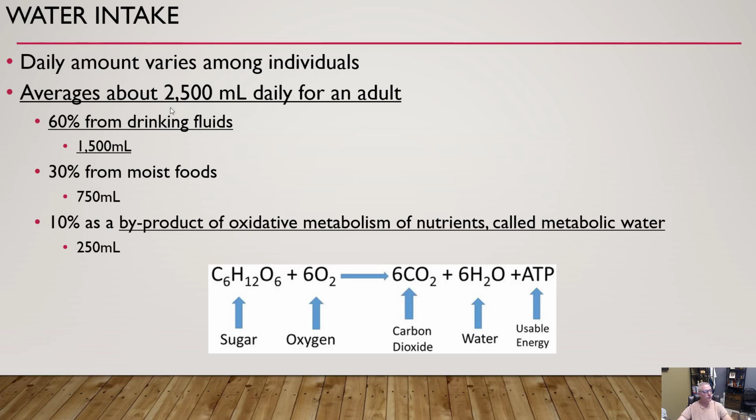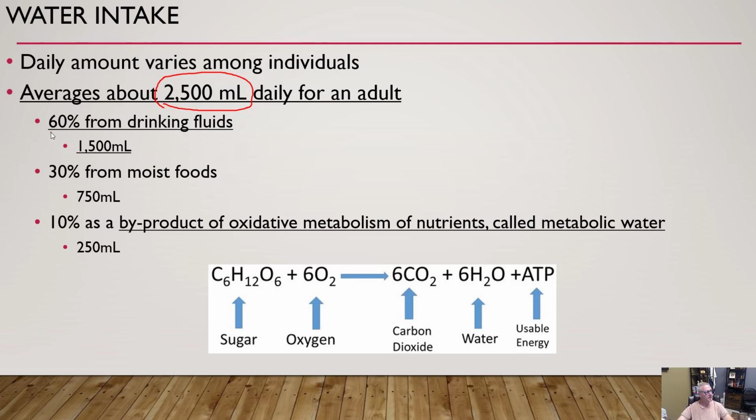But for an average healthy adult, and if you're a runner or doing a lot of exercise, you're probably going to bypass this, you're going to take in about 2,500 milliliters of water per day.